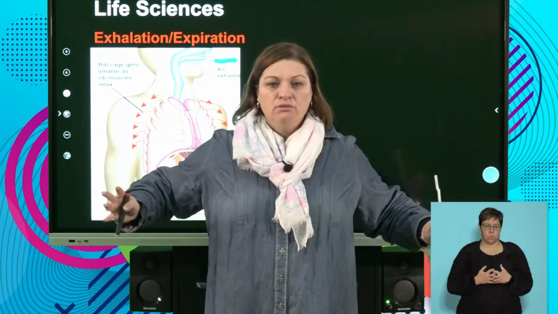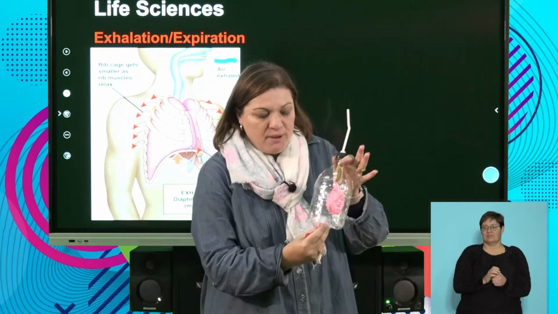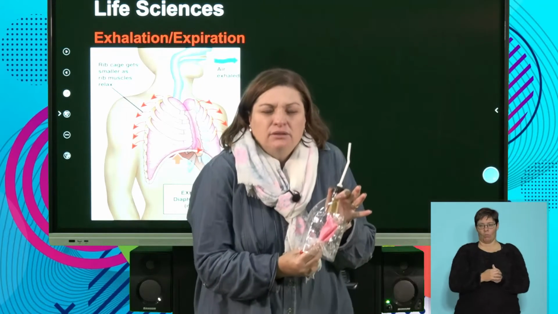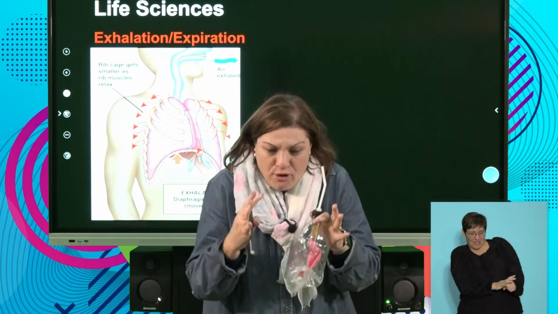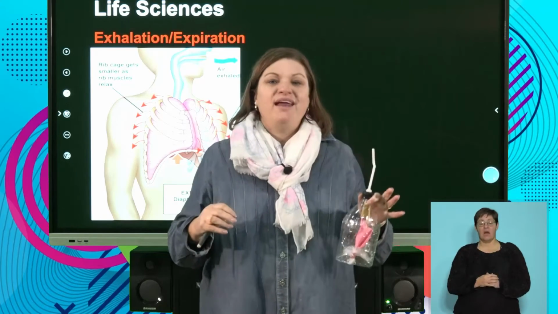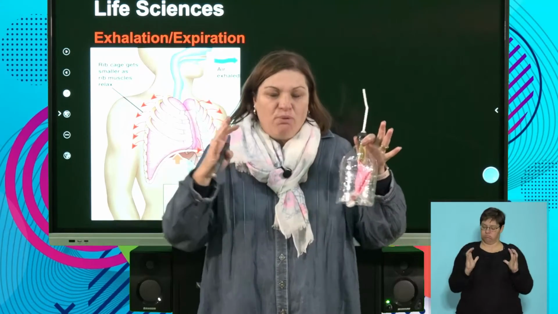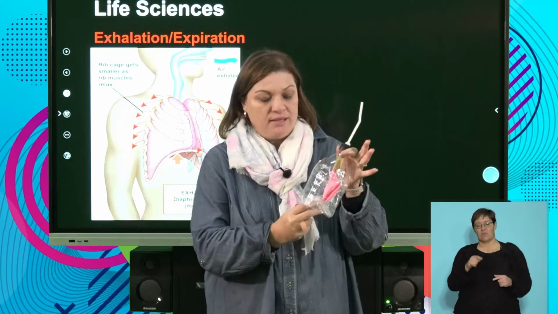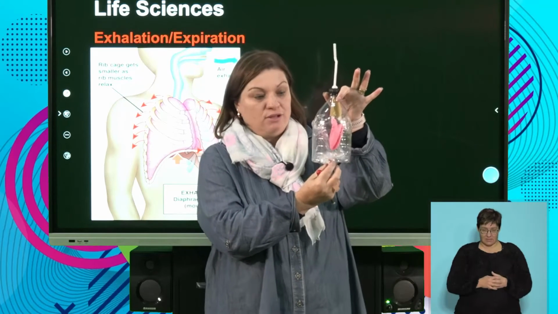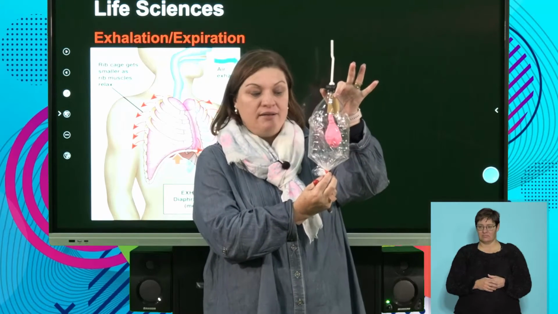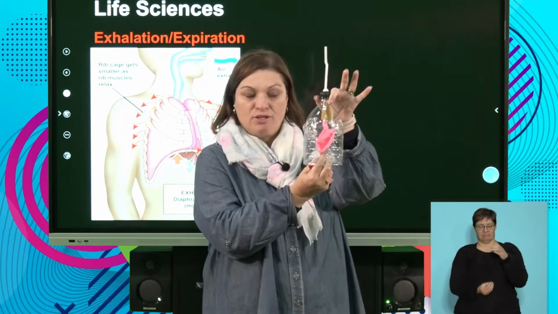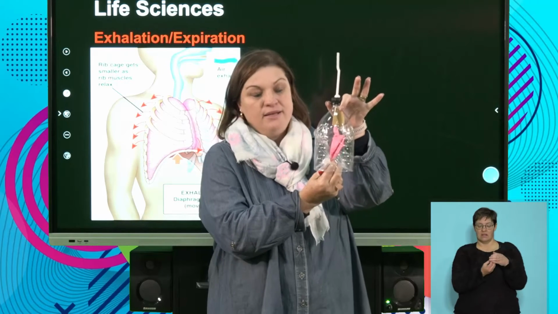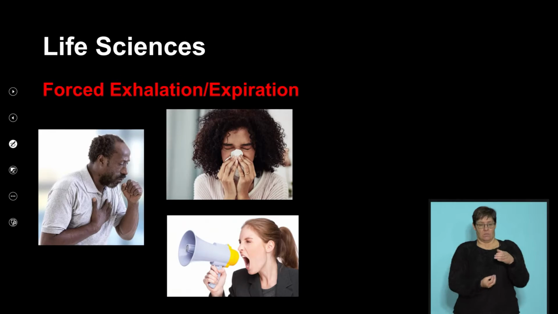So I push my diaphragm back in. So I push. Pressure. And what else do I do? Lots of pressure, and I press in, and I've got a little bit of space. So I breathe out. So look there. Breathing in and breathing out.